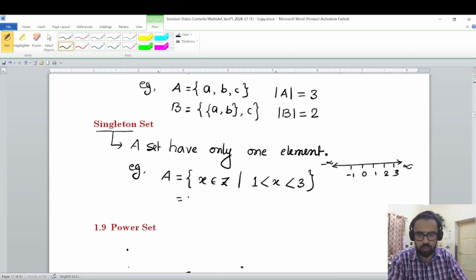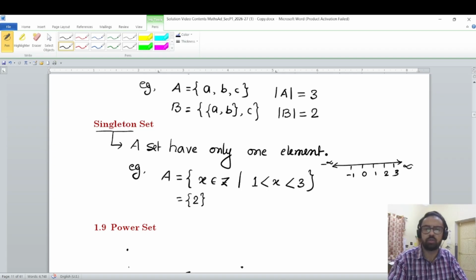So this set actually has only one element, that is 2. Since the set has only one element, therefore such sets are called singleton sets, and the cardinality of a singleton set is always 1. Okay, cardinality, that is the size of the singleton set, is always 1. So for multiple choice questions, you may remember this point.